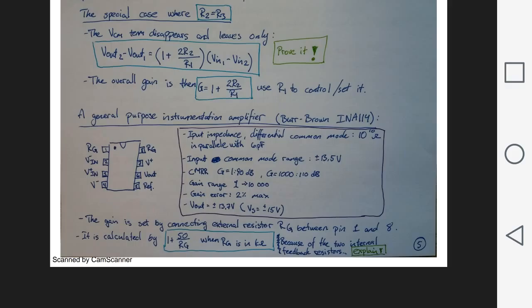It has a common mode input range of plus minus 13.5 volts. It has a CMRR of 90 decibel to 110 decibel, the gain ranges from 1 to 10,000, and the error is max 2%. The output of this circuit is plus minus 13.7 volts if you have a supply voltage of plus minus 15 volts.